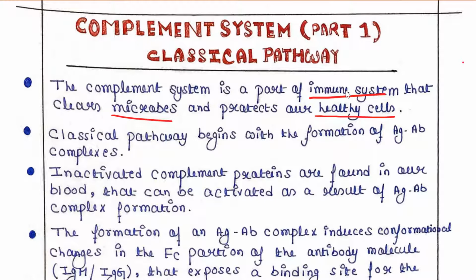Classical pathway begins with the formation of an antigen-antibody complex. When a pathogen enters our body, it is the antigen. So the microbe is the antigen. An antibody binds that microbe.